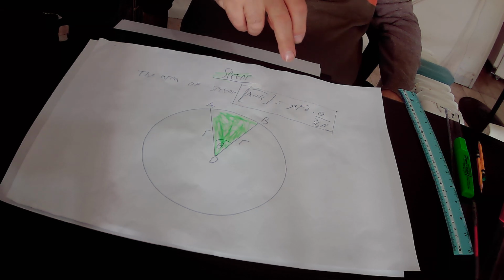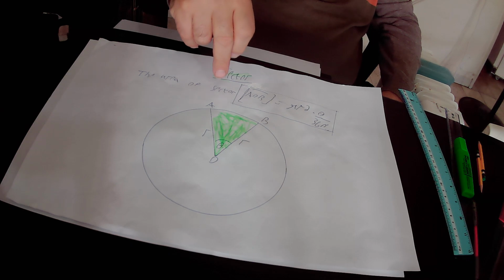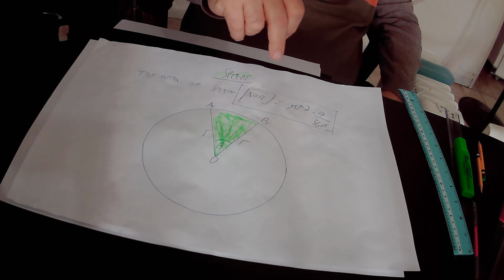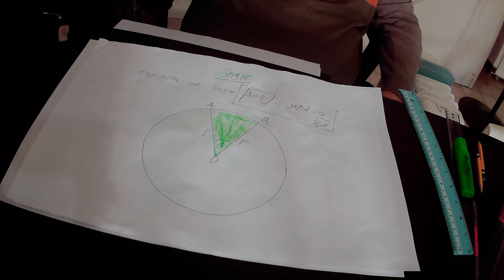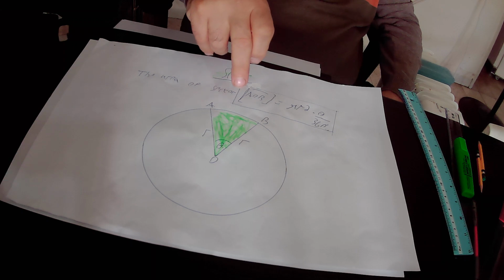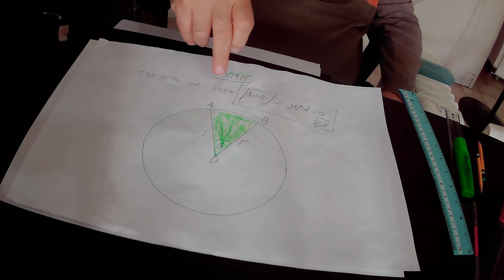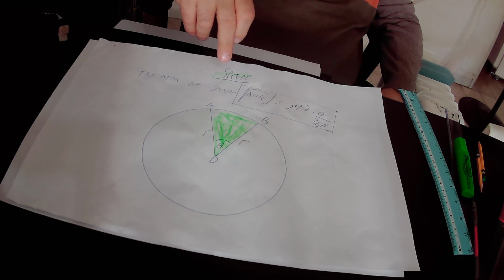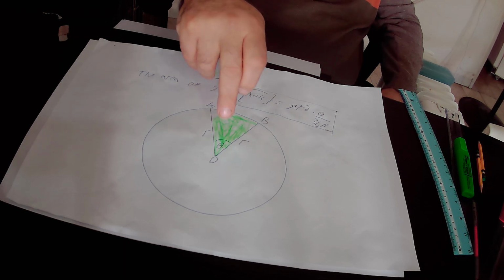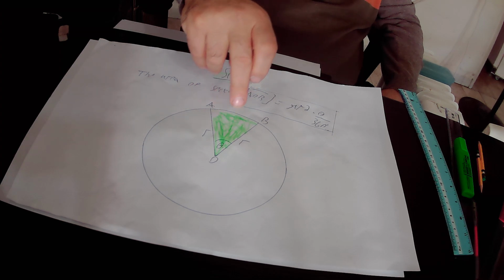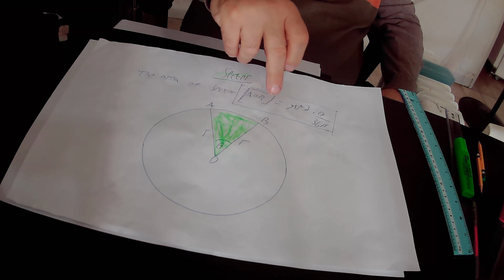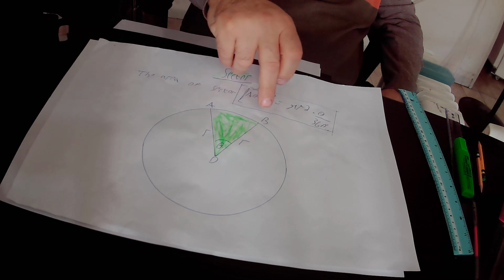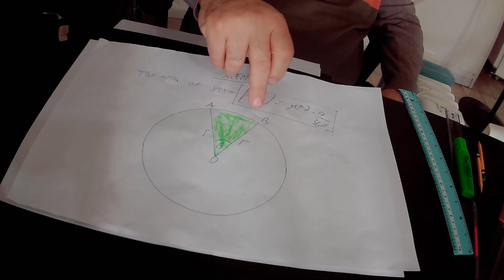So here in the drawing we have a circle, and the green shape AOB is a sector. The green shape AOB is sector AOB. So sector AOB consists of the two radii of this circle, the radius AO and the radius BO, and the arc AB between those two radii.